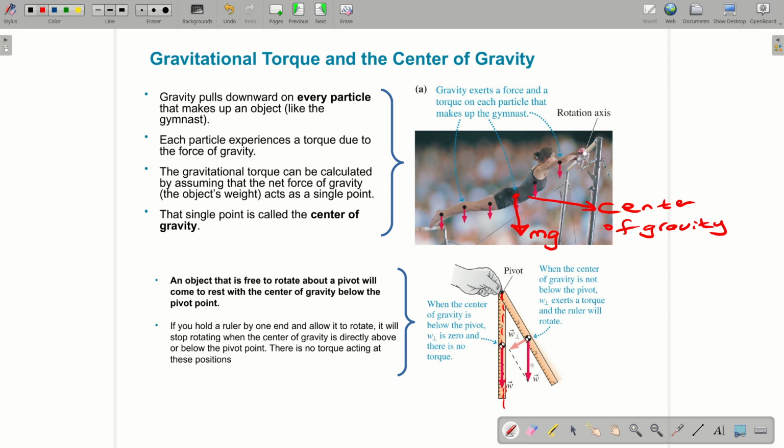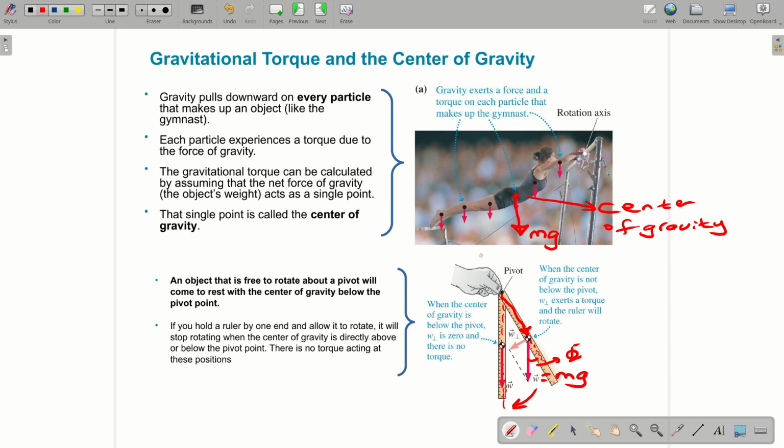It rotates until that happens because we have gravity down, weight, mg, and it applies a torque in this direction, which is clockwise, negative. I can calculate it by finding the perpendicular component, if I know that angle, which is phi, and that distance, which is r, extending that and finding that angle.